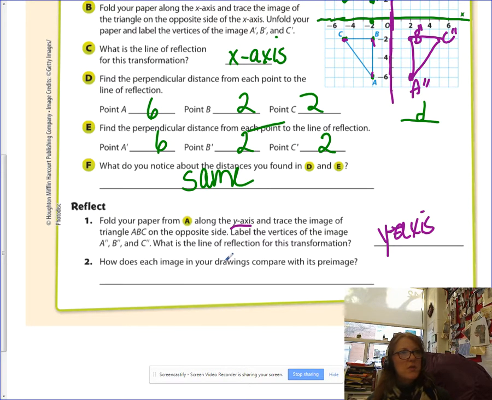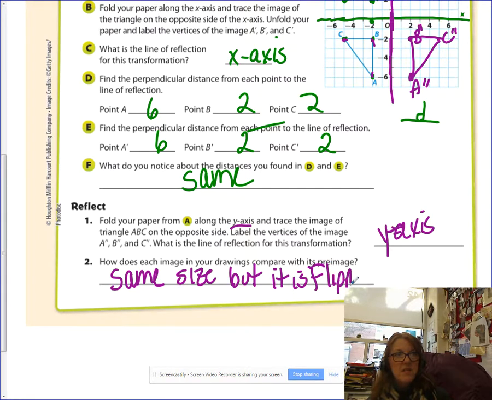How does each image in your drawings compare with its pre-image? Same size, but it is flipped. It is flipped in some way, and it might be flipped horizontally, or it might have gotten flipped vertically.